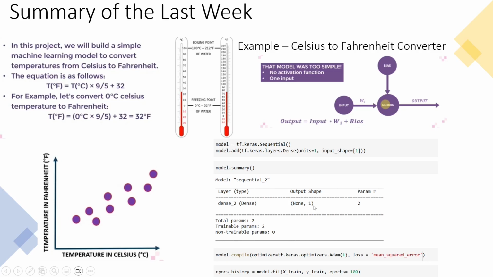It's having just one input and outputting one output, and it has two parameters because we have one weight, as you see in this picture, and we have one bias. Okay, input times the weight plus the bias goes into the activation function, and it outputs, or fires, a value.